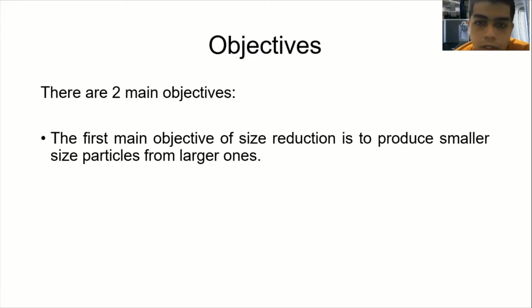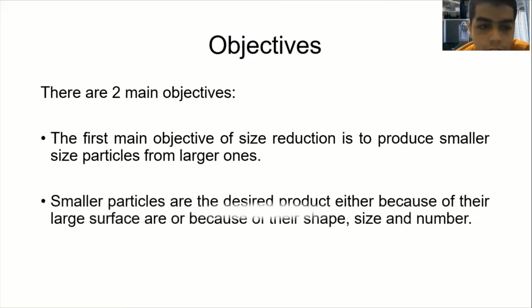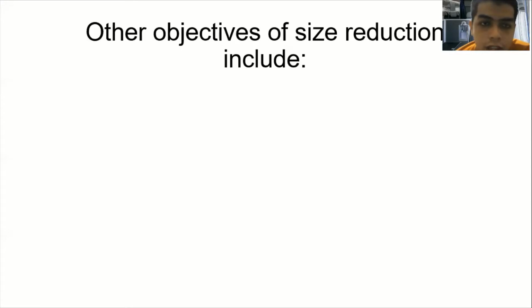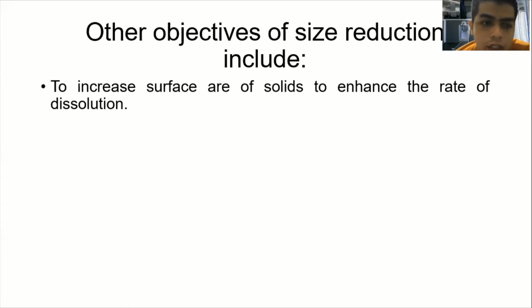Next one is smaller particles are the desired product either because of their large surface or because of their shape, size, and number.